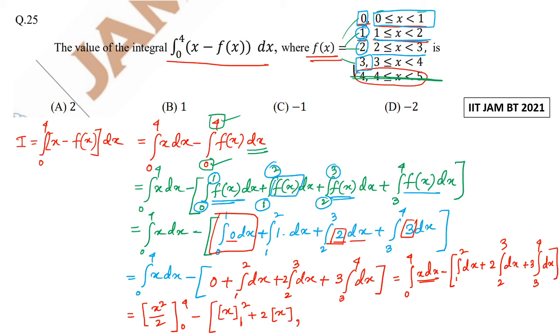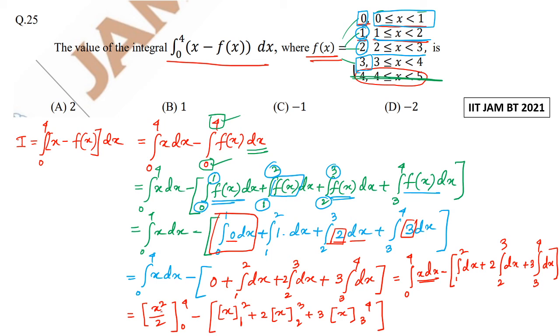Here limit is 2 to 3, plus 3 into integration over dx, that is again x. Here limit is 3 to 4. Now we need to put the upper limit and the lower limit in all the x's.